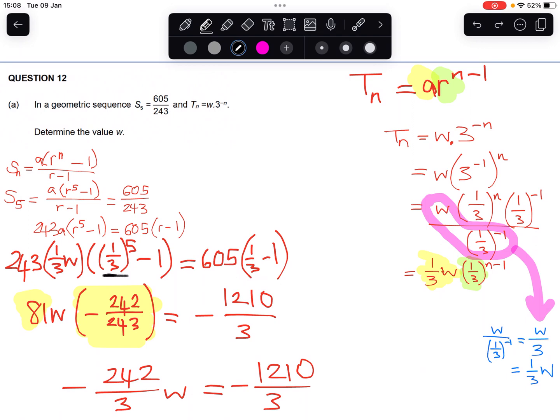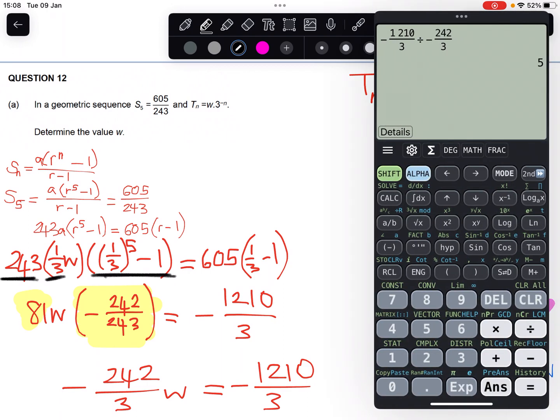So maybe what I want to double check with the calculator is 243 times a third times this number. Does that in fact give me negative 242 over 3? Let's see. If it does, I'll be so confused.